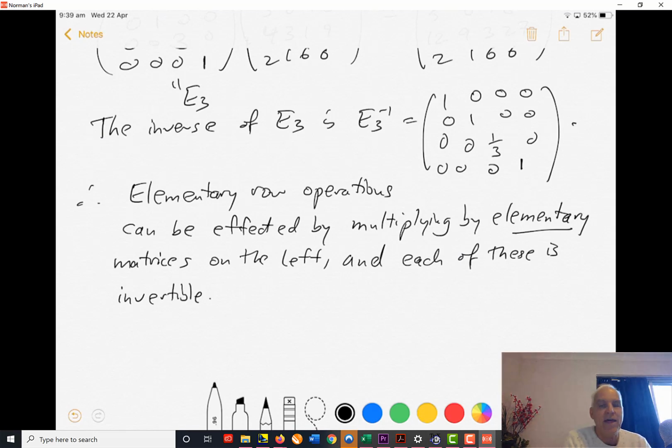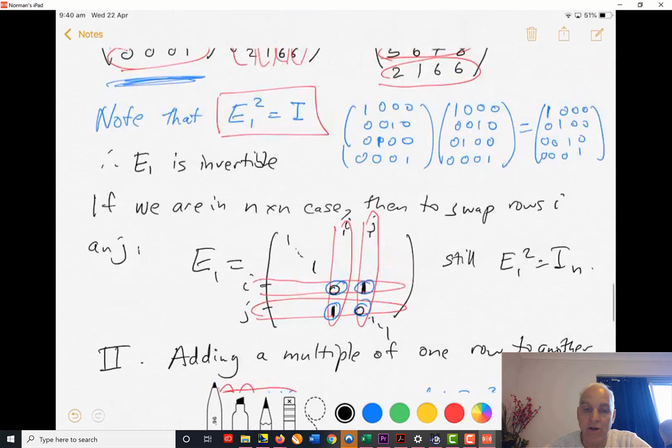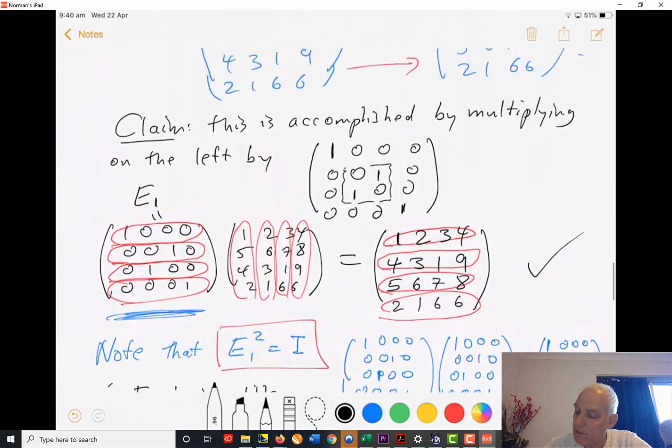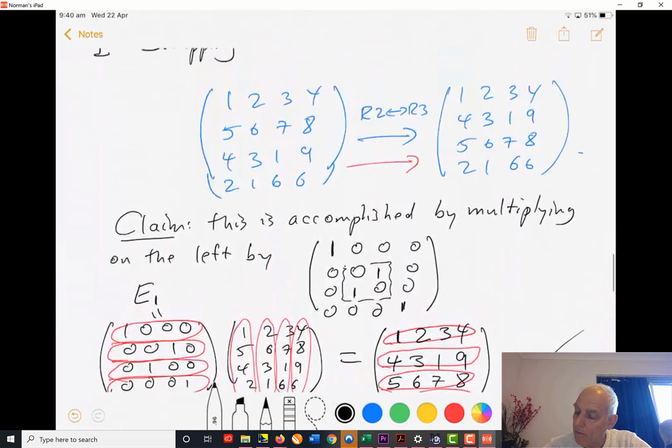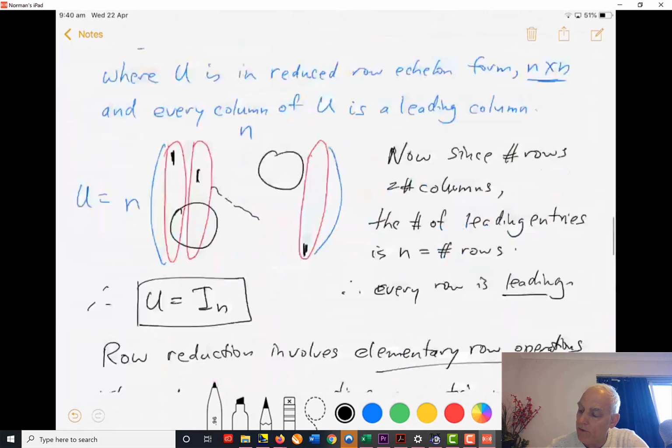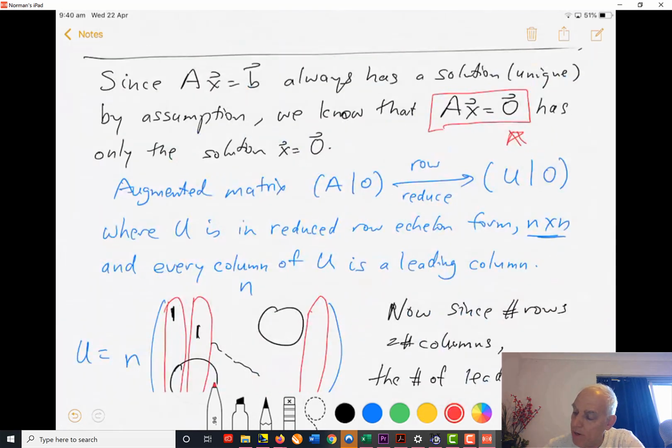That's great, because that is the extra piece of understanding that we need to deduce back to where we started, okay? To deduce that this matrix A that we started with is actually invertible. So I remind you that at this stage we were talking about this relation here, where we're assuming that we've gone from A to U, where we've row reduced and U is in reduced row echelon form, and that we've deduced had to mean that we actually get the identity matrix.